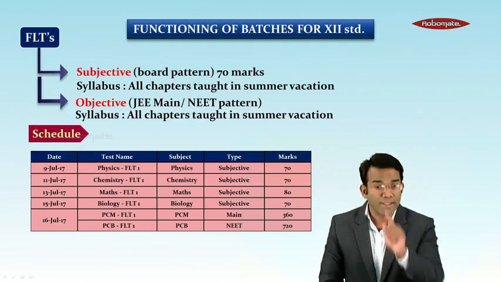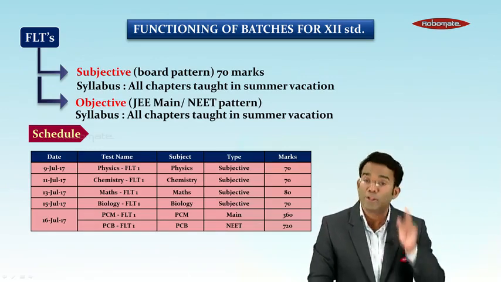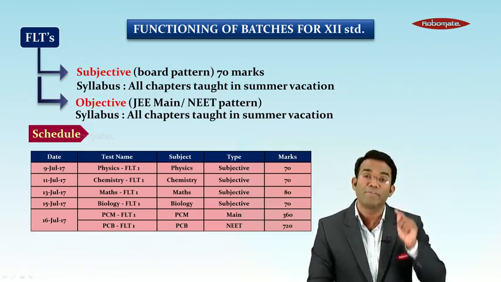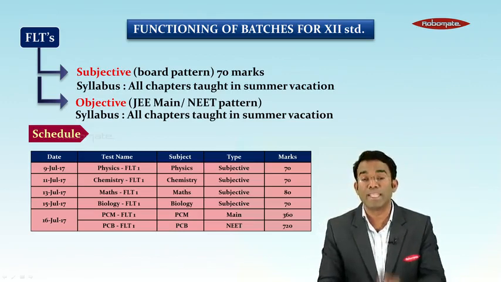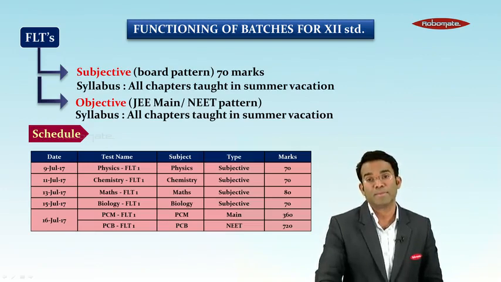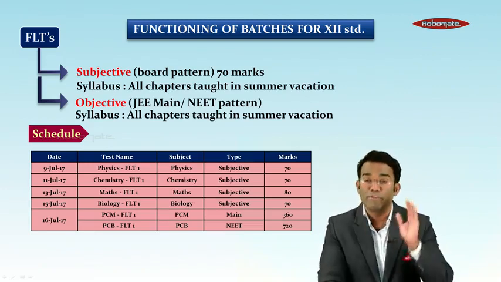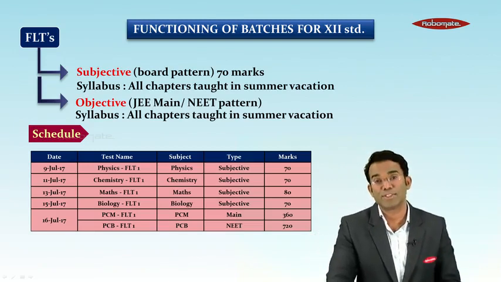On 13th of July there is a maths paper. On 15th of July is a biology paper. And on 16th of July you have the physics, chemistry, maths or physics, chemistry, bio all put together, the entrance test of JEE Main level or the NET level. This is the schedule of the full length test that we conduct at the end of the summer vacation.